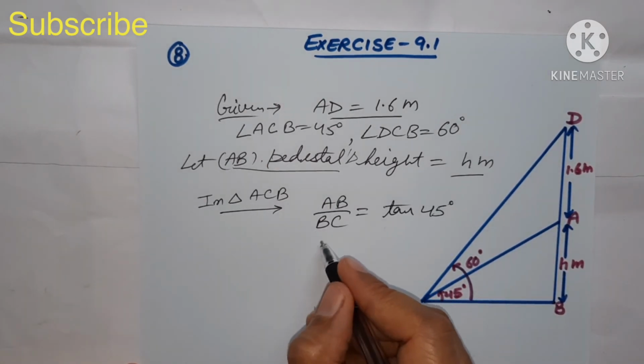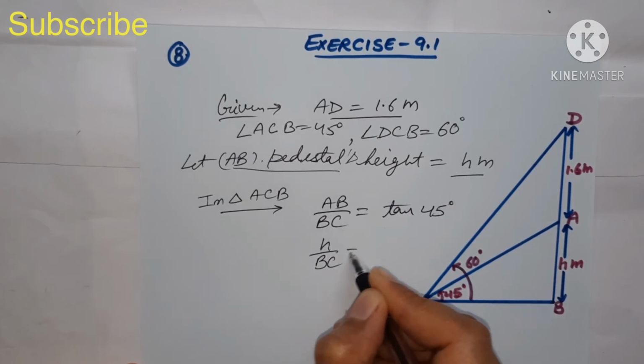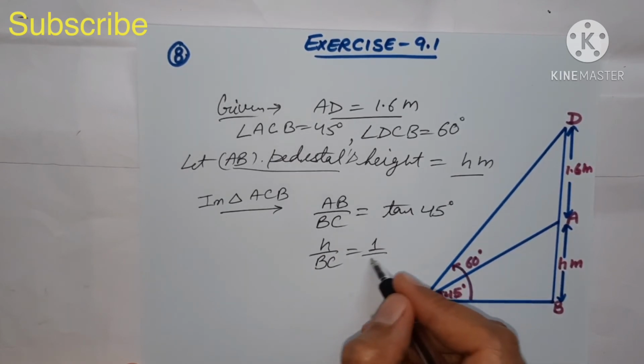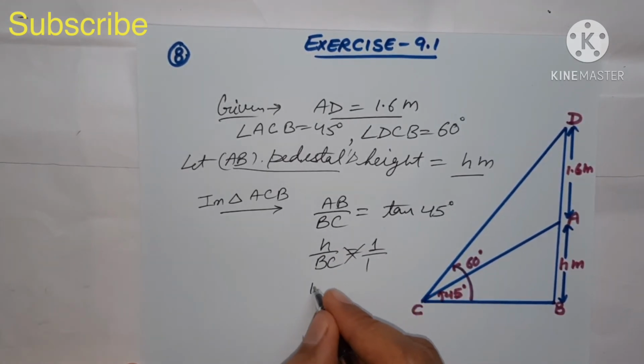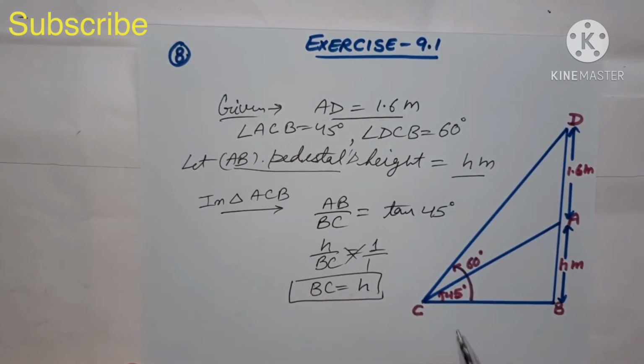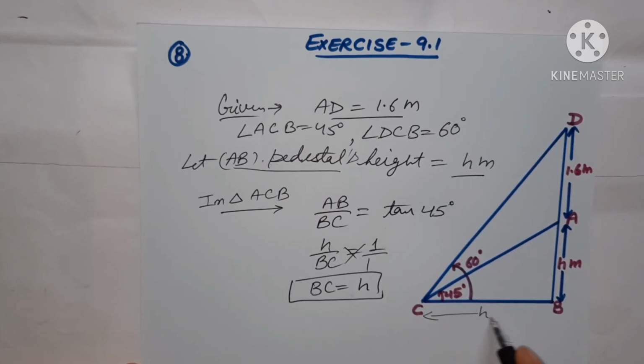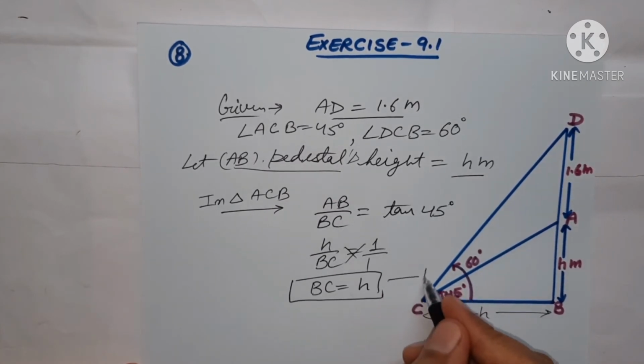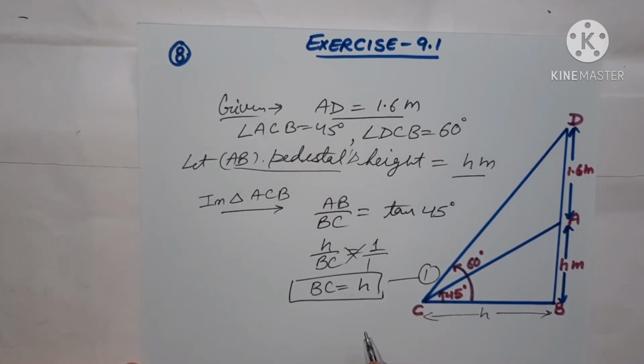Then we will write h upon BC, and tan 45 is 1. So cross multiply, we will get BC is equal to h. So this BC is h. From this case we can say this is equation number 1.